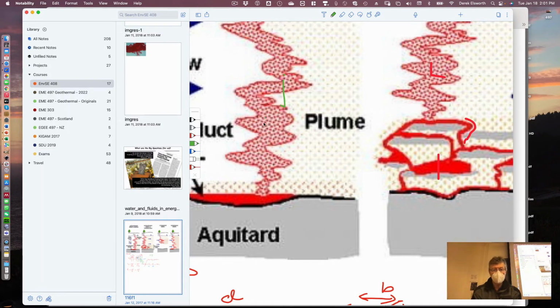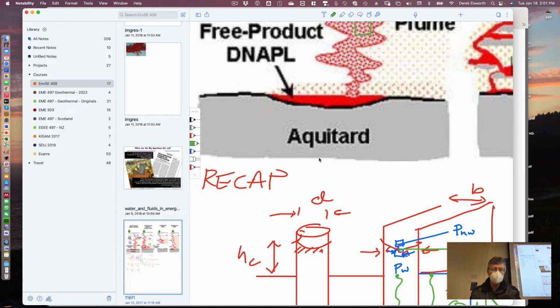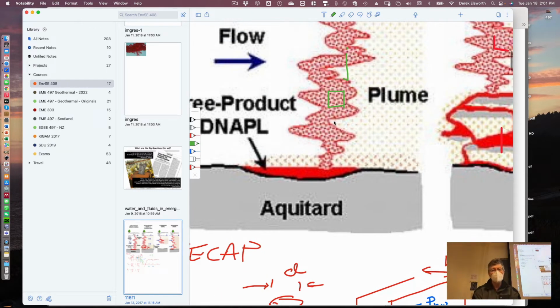Probably can't see the green very well on this, but I'm just trying to make the case that instead of a bundle of capillary tubes, which this really isn't, kind of is in the pore spaces, what we might like to do is find a general relationship that says something about what this capillary pressure, P sub C, is within this as a function of saturation.